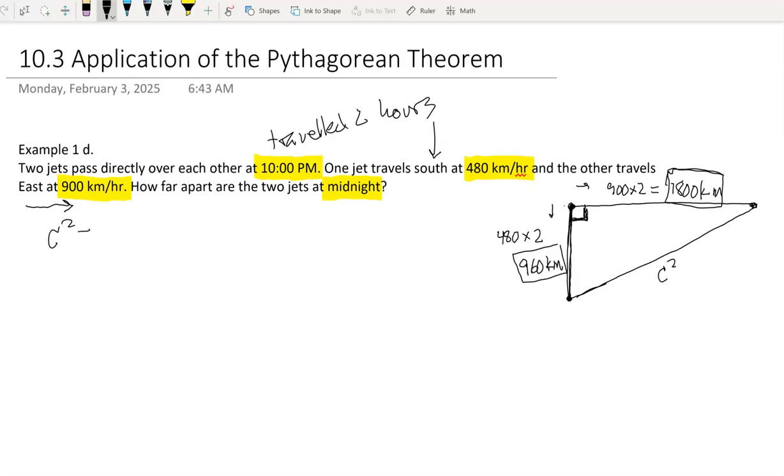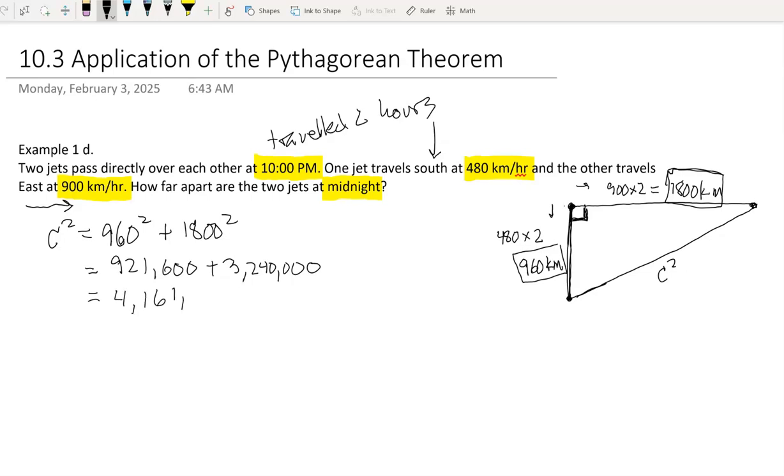We have c squared is equal to 960 squared plus 1800 squared, and this gives us 921,600 for the slower plane, and 3,240,000 for the other plane, and then we'll combine those to get 4,161,600, and that's c squared.